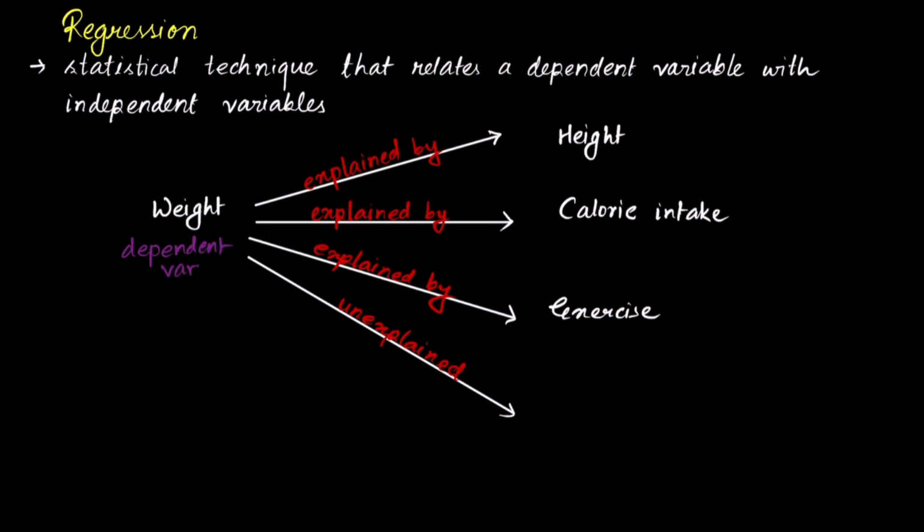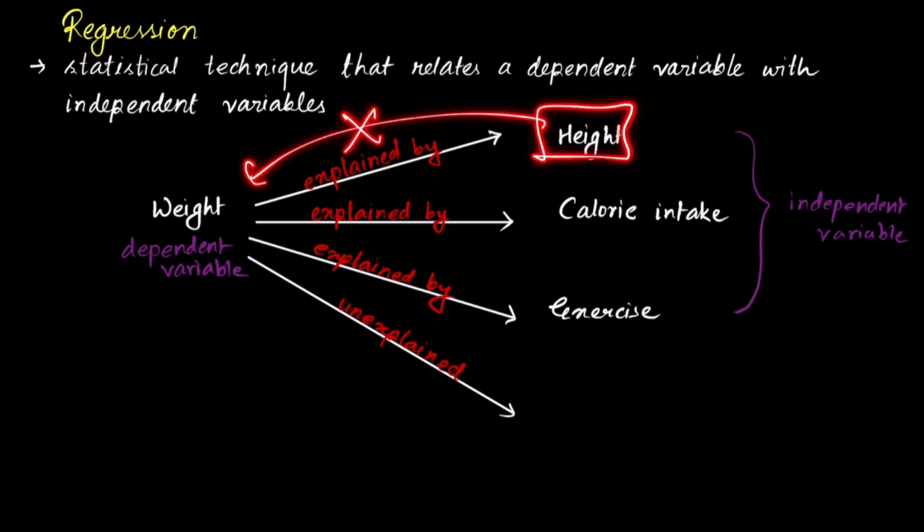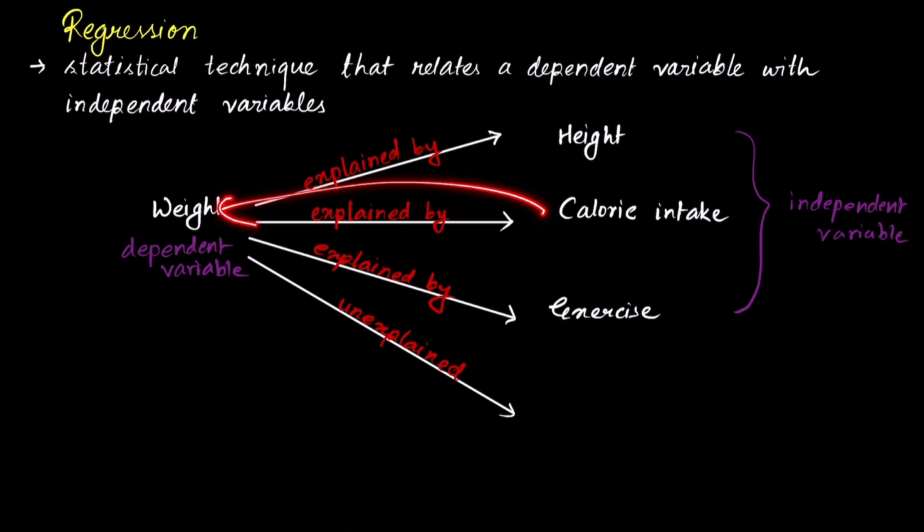However, those factors that the weight is dependent on are independent variables. They, on the other hand, are independent variables. The reason being they are not dependent on weight. Your height is not dependent on weight. How much you eat is not necessarily dependent on your weight.